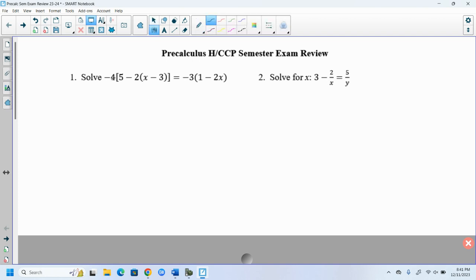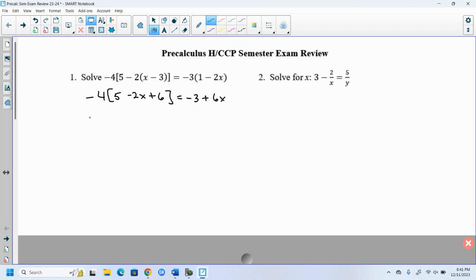In an equation, we want to work on the inside first, so we want to distribute this -2, and so I'm going to have -4, 5 minus 2x plus 6. I'm going to go ahead and distribute that -3. Gives me -3 plus 6x.